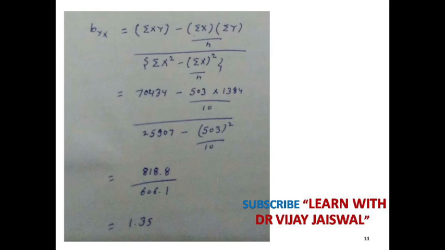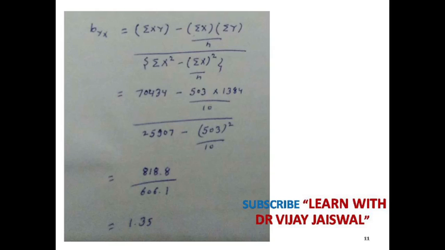Similarly, if we need the regression coefficient bxy, x on y, in that case the denotation will be changed. The numerator will be the same, but in the denominator you will put summation y square.